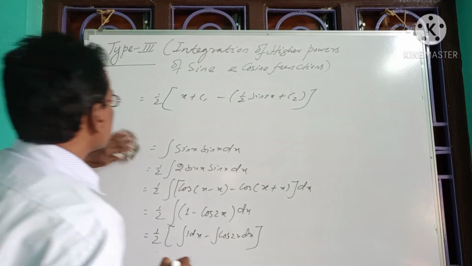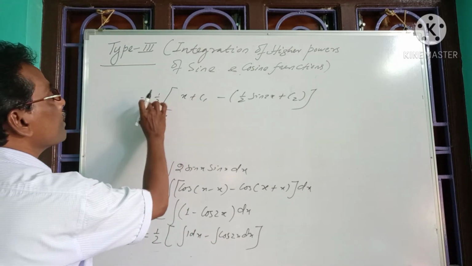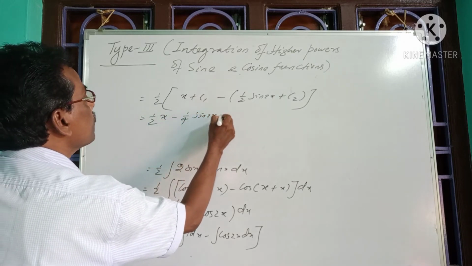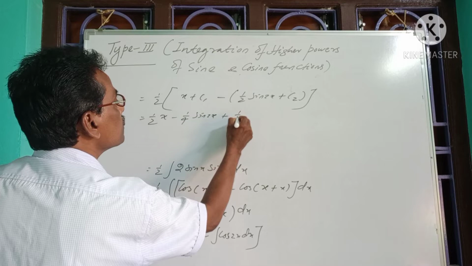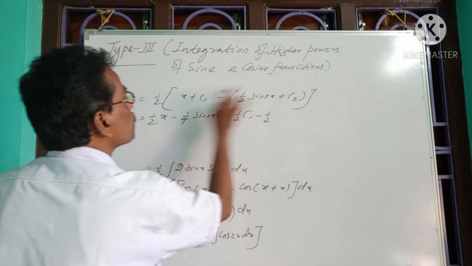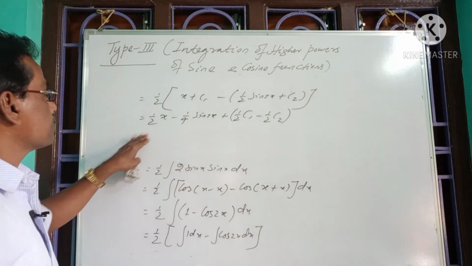Collecting the constants and the functions, we may write half into x minus 1 by 4 into sin of 2x plus half into c1 minus half into c2. So we have collected the constants and also the functions.